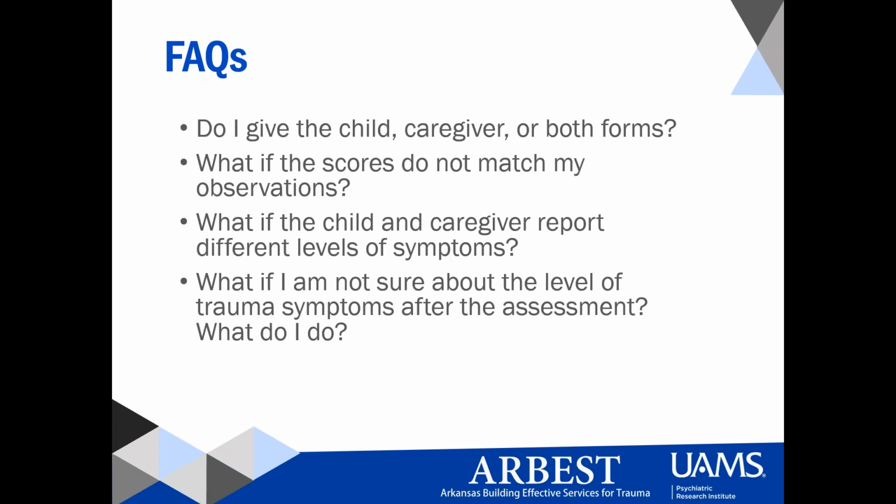Maybe get some information from collateral resources like a DCFS caseworker, previous foster homes, if there's been any testing or a PACE evaluation. So sometimes there isn't a caregiver, and that's okay, or at least a caregiver that can't report on accurate symptoms yet.